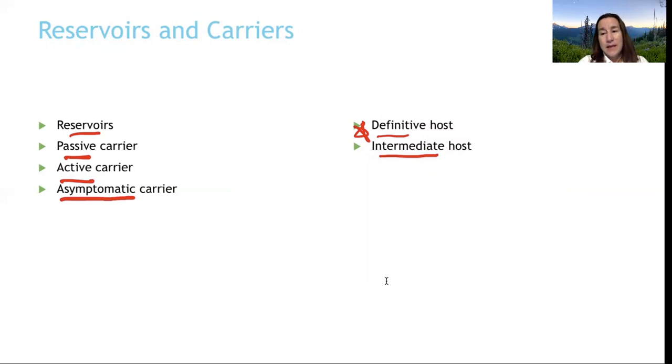Lyme disease can be transmitted on ticks, but the ticks are also biting white-footed mice or deer. Those are all other intermediate hosts. So intermediate hosts are like the middleman, and wherever that parasite ends up as its adult form on its host, that's going to be its definitive host.